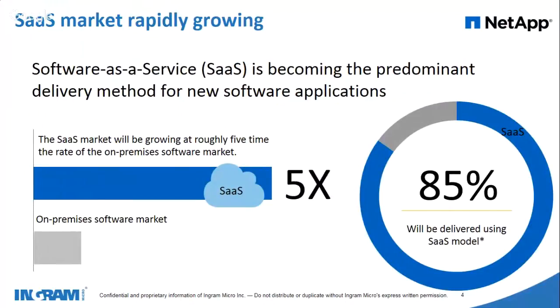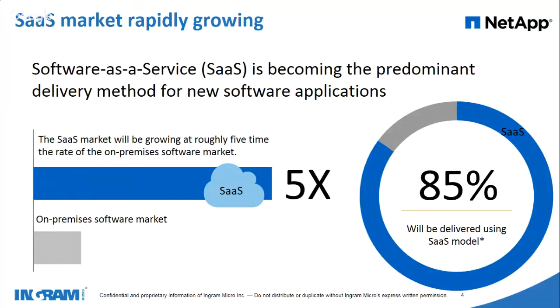Now, most of you already know that when it comes to cloud, one of the biggest selling strategies by most vendors today is software as a service. We have a lot of surveys done by many companies, and we see that more than 85% of applications will be delivered using the software as a service model, where everything is hosted and managed by the vendor, and you as a reseller or an end customer can just subscribe to the service, pay as you use, and make use of the features that the particular product gives.